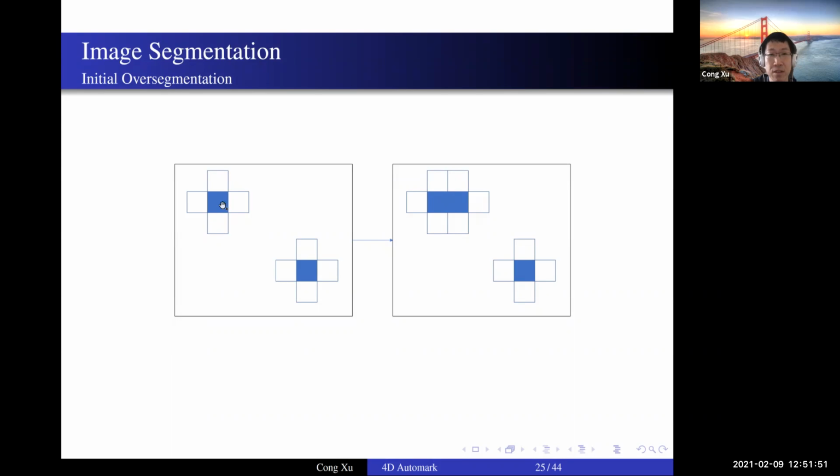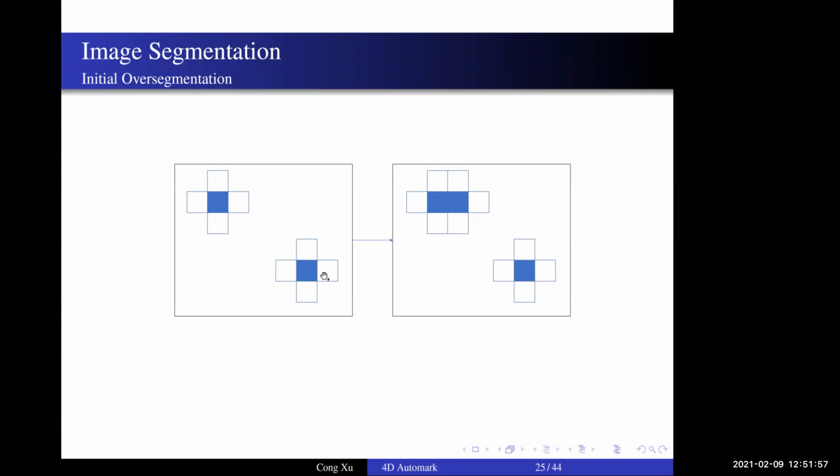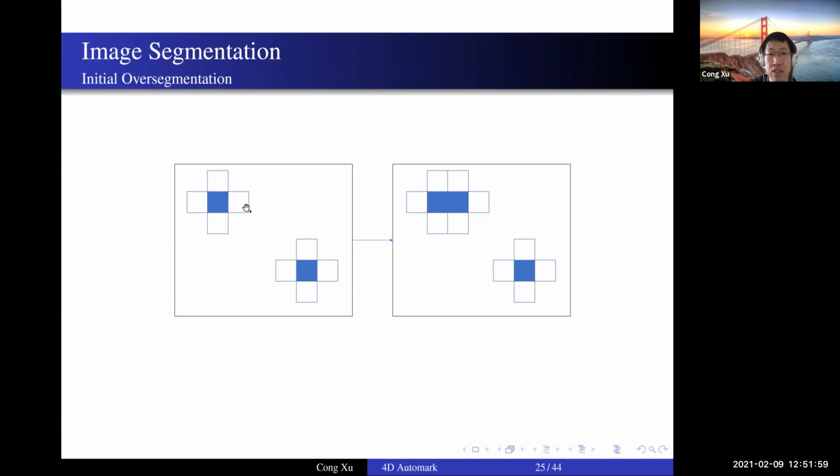For example, each seed has 4 neighboring pixels like that. Now first we need to determine which one is the closest to any of these pixels. Suppose this pixel and this first seed are pretty close to each other. Then the first seed will grow to the right-hand side. So the region just keeps growing like that.